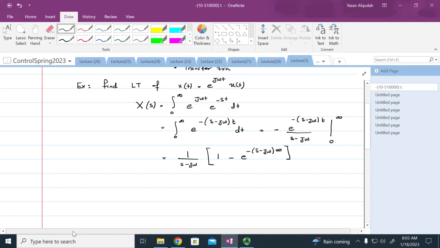What is this integration going to equal to? Only when the real part of s is greater than 0. Is that clear, everybody?